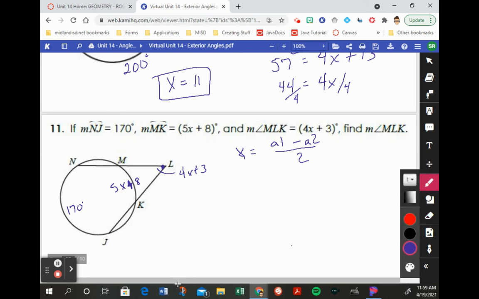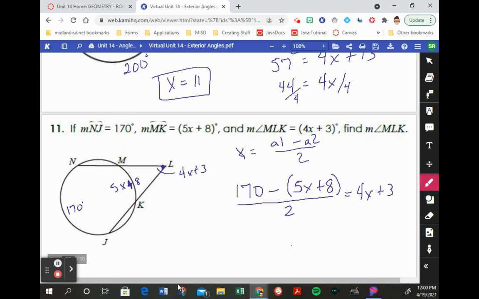So angle 1 is 170 minus angle 2, 5x plus 8, in parentheses, divide by 2, equal to our angle, 4x plus 3. Multiply by 2, and distribute our negative.